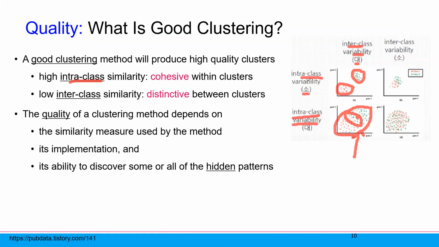If the intra-class variability is high and the inter-class variability is high, you can see some of them are overlapping. This cluster is the worst. Everything is overlapping. So based on the definition, this is the high quality clusters.